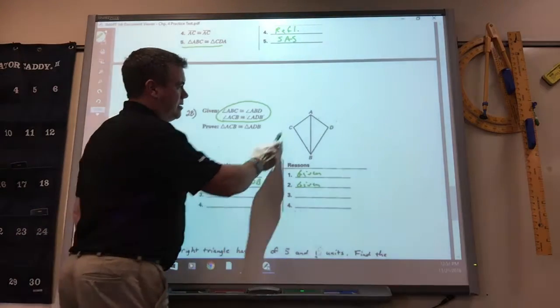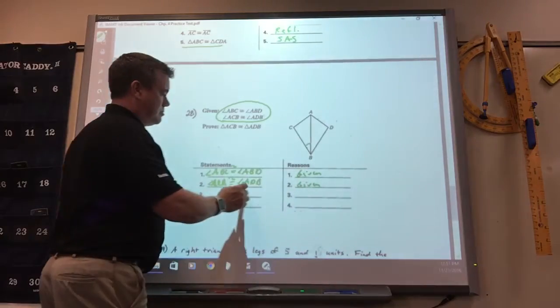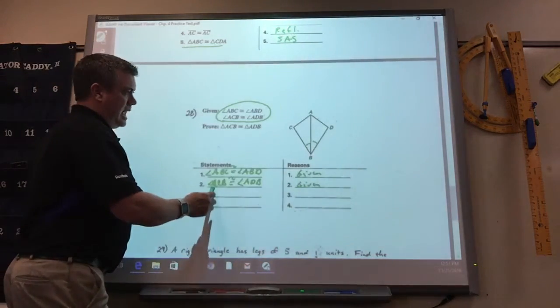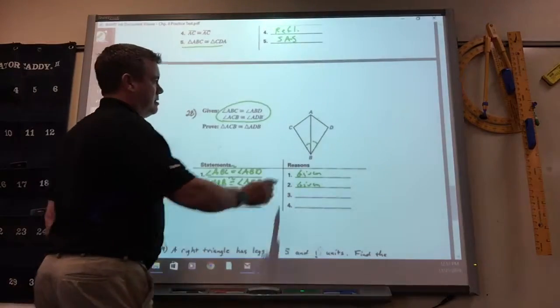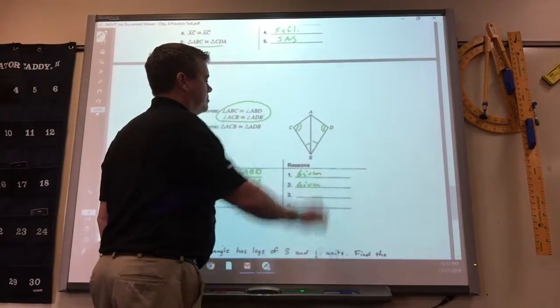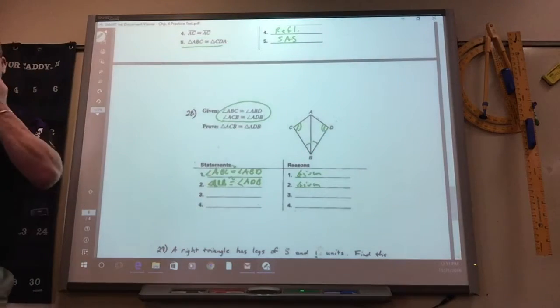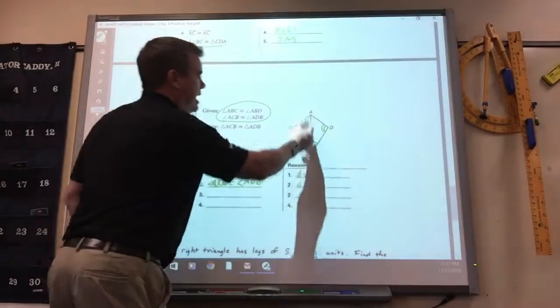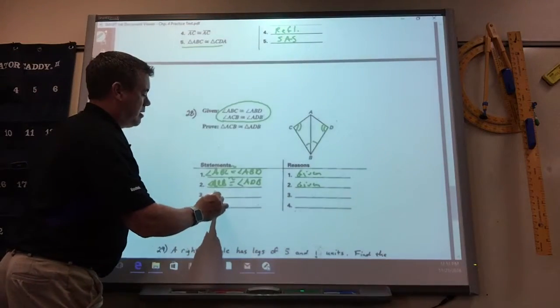So ABC is this angle, ABD is this one, ACB is this one, and ADB is this one. So we know two things. What's the third thing you know? Reflexive. Shared side. AB is congruent to AB.